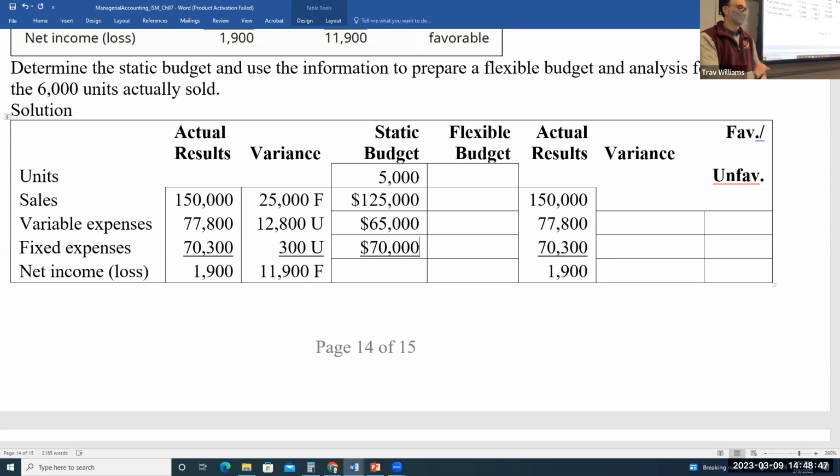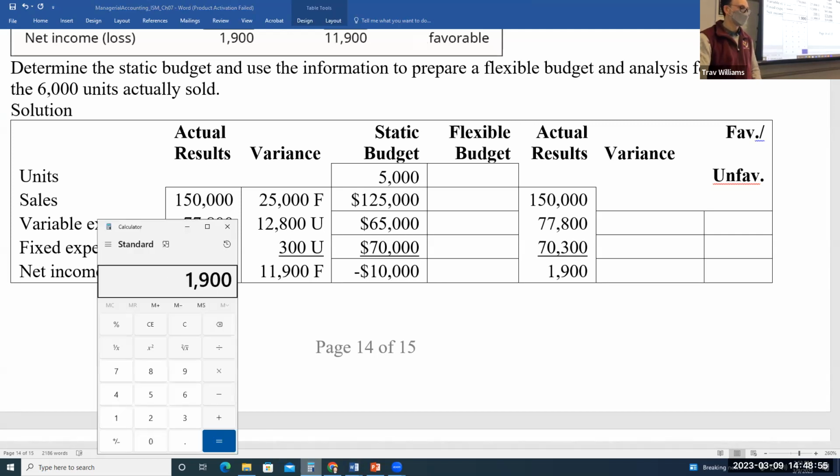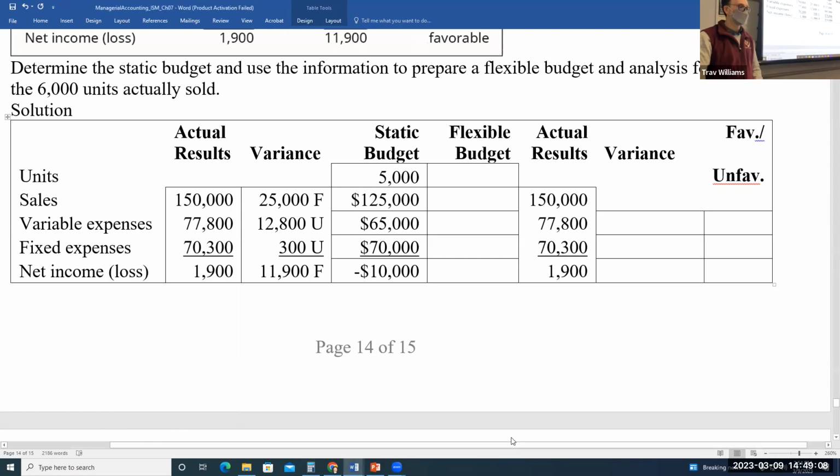Yeah, negative 10,000. Right, because if you take $1,900, the actual, minus the 11,900 favorable, we had budgeted for a $10,000 loss. Okay, so now we know our static budget. Any questions on that?